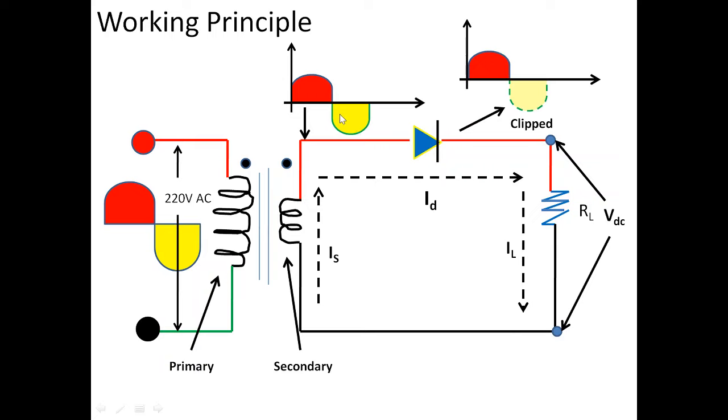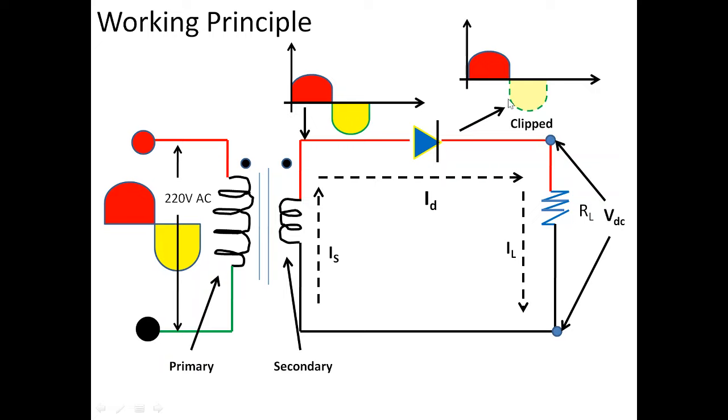Now what happens when the cycle reverses? When the cycle reverses, this particular terminal is at negative potential compared to this. So the P-type is connected to a negative potential compared to the N-type, hence the diode will get reverse biased, and we all know that when the diode gets reverse biased, no current will flow through the diode, hence we will not get any drop across the load resistor.